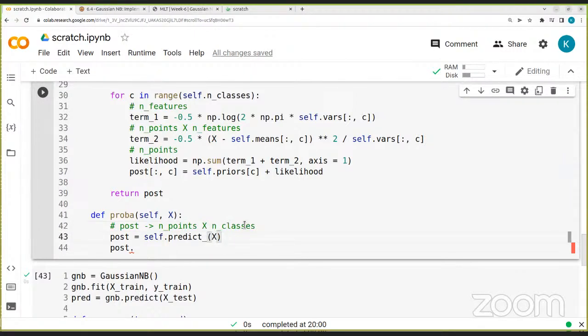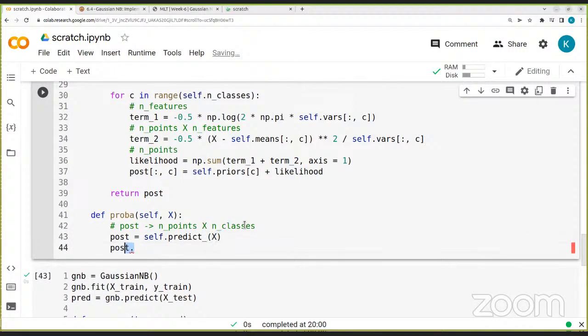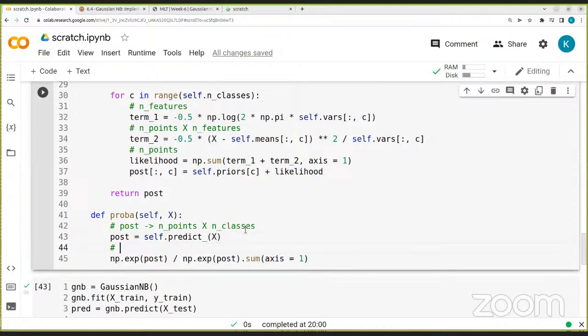Now if I were to compute the probability, I will do np dot exponential of posterior divided by np dot exponential of posterior, if I want to sum this along the first axis. That will give me what? The denominator will have number of points, right?